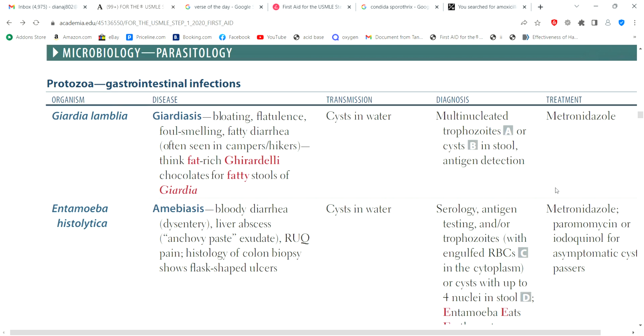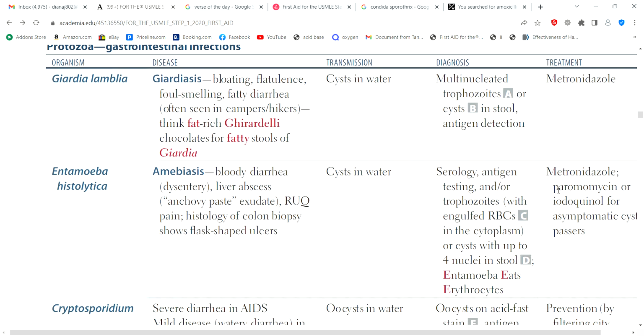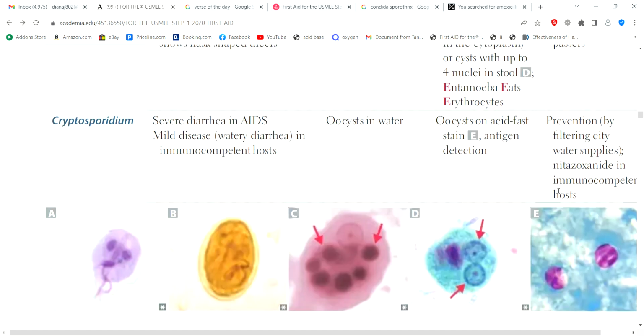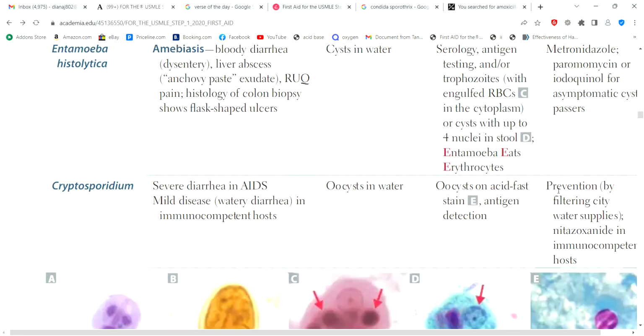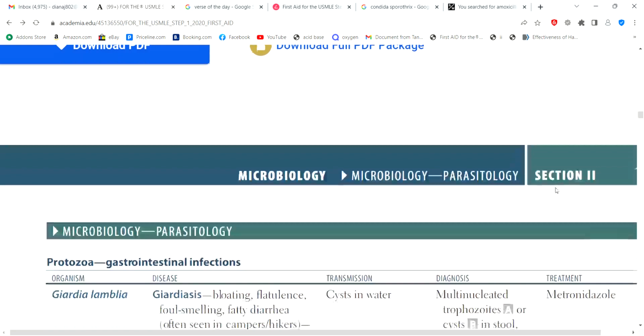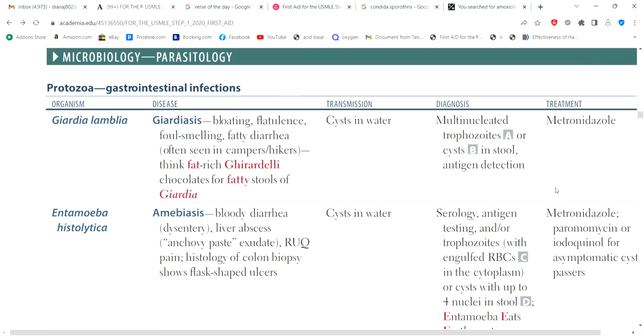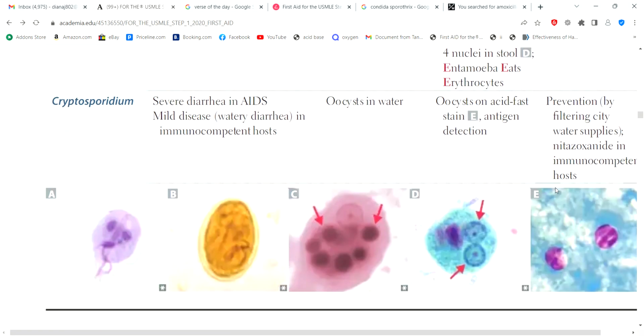Multinucleated trophozoites are figure A right here. So it has many nuclei. I'm just going to draw this Giardia.